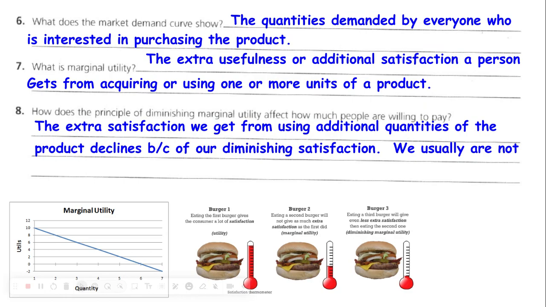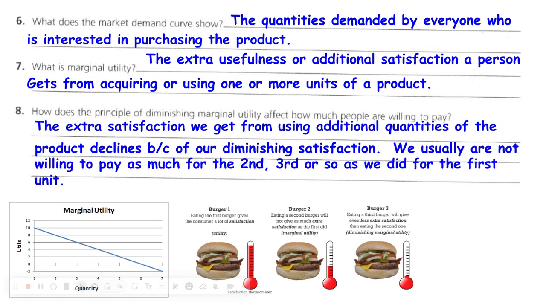So going back to the burgers, burger 1, awesome. Burger 3, maybe not as awesome because you're getting full, or maybe you've eaten so much you're getting sick. Okay? We usually are not willing to pay as much for the second or the third item or burger as we would have if we had paid for just one or for the first.